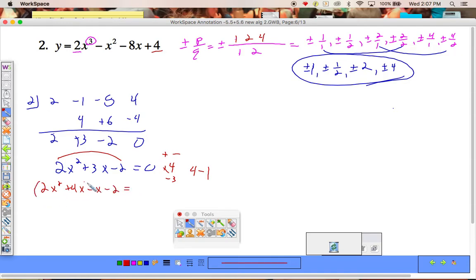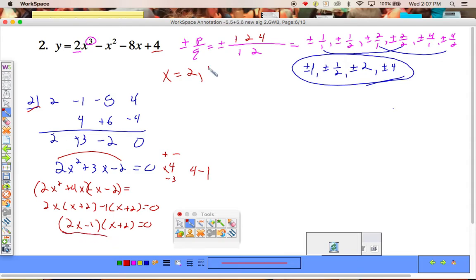Group by 2's. So I'm going to say my solutions, 2, positive 1/2, and negative 2.